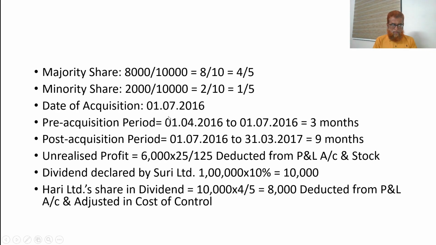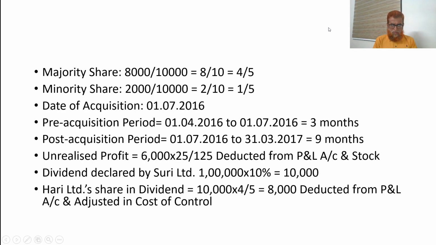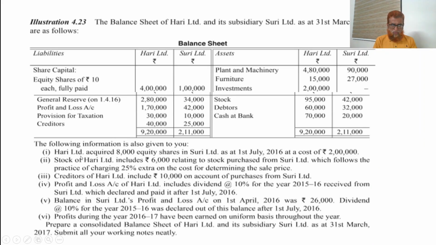The year begins in April and ends in March. It means the pre-acquisition period is 1/4/2016 to 1/7/2016, April, May, June, 3 months. The post-acquisition period is from July to March, 9 months. So this is the information which we can get from the first point.